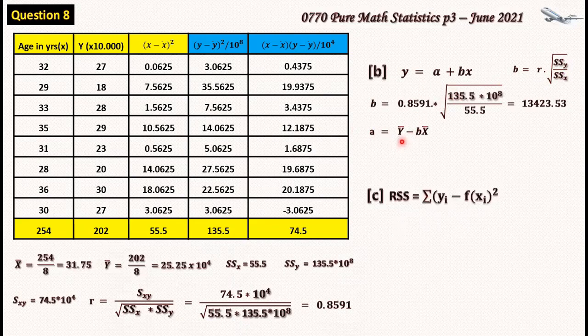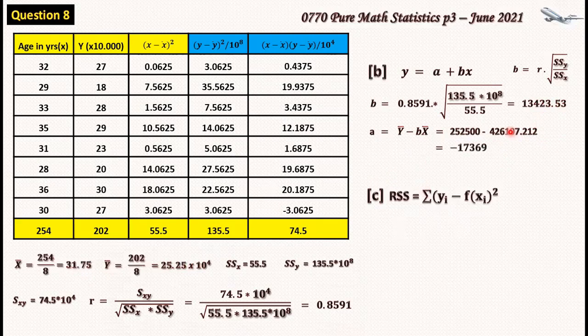We can now look for a. a is equal to the mean of y minus b times the mean of x. The mean of y here is 25.25 times 10 to the power 4, so that gives us 252,500 minus b times x. b is 13,423.53 times the mean of x, which is 31.75.